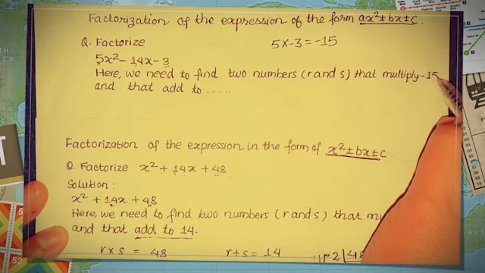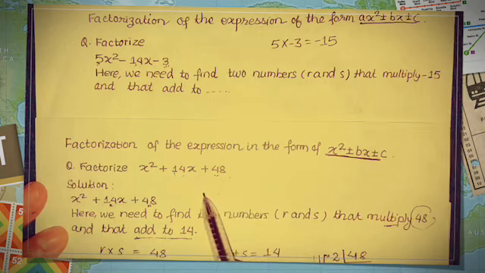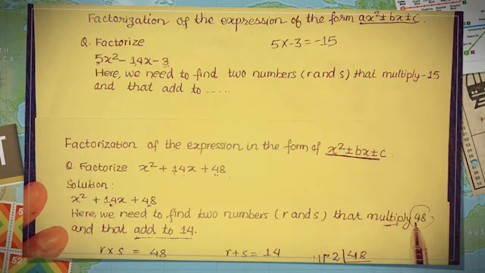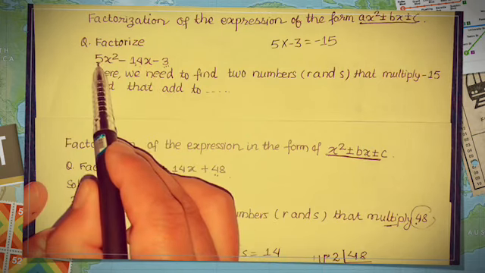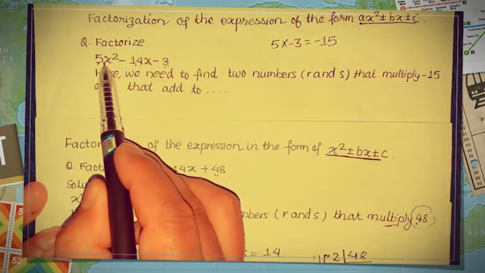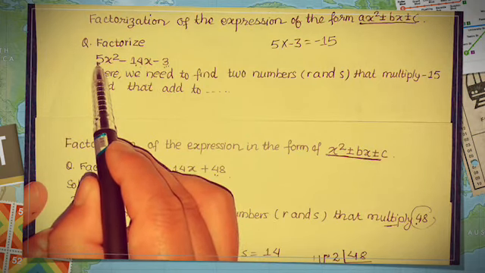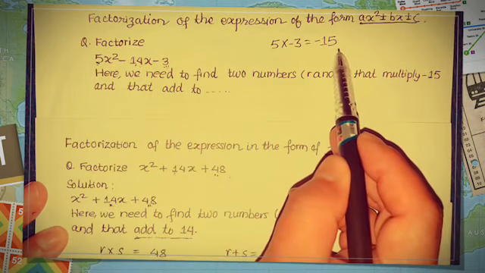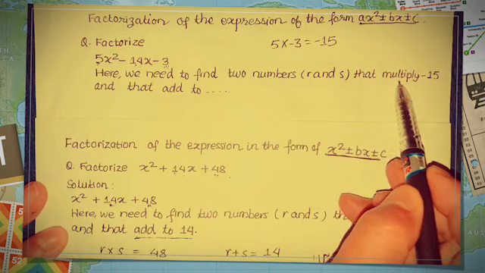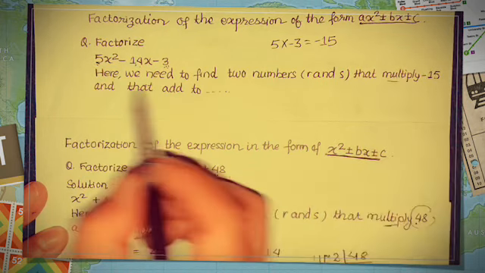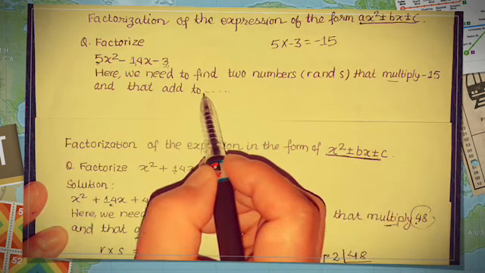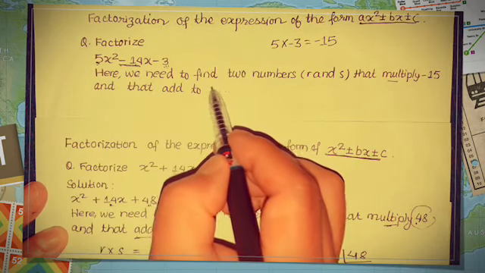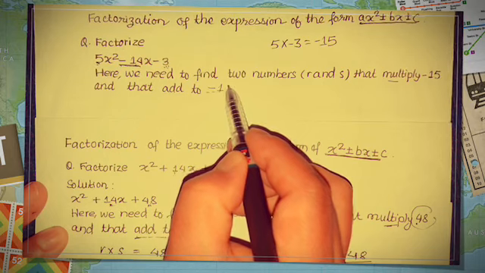Where the leading coefficient is other than 1, we use that coefficient and the constant term to make the condition for multiplication. And the sum is the coefficient of x, that means minus 14.